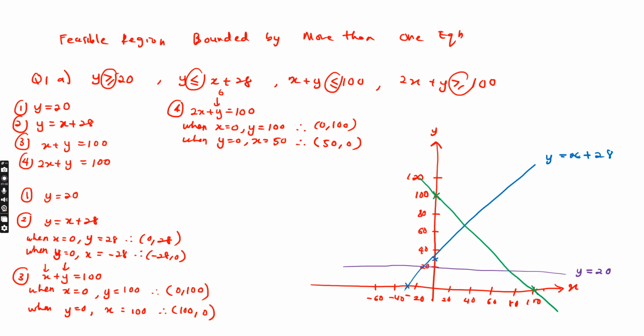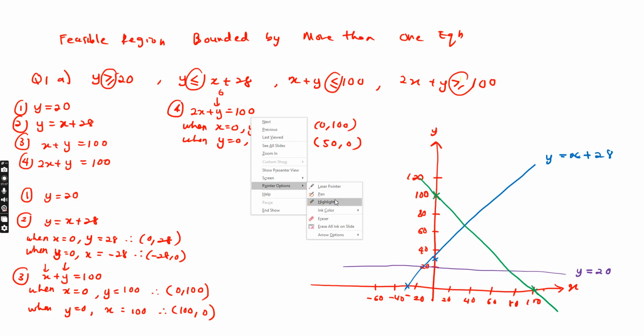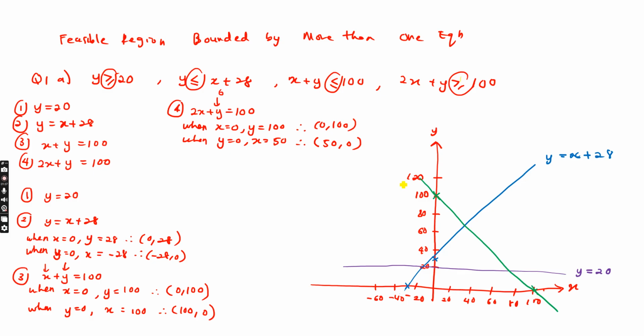And then the last one is 2x plus y equal to 100. The point is 0, 100 also here, and then another one is 50, 0, around here. So you draw like this.